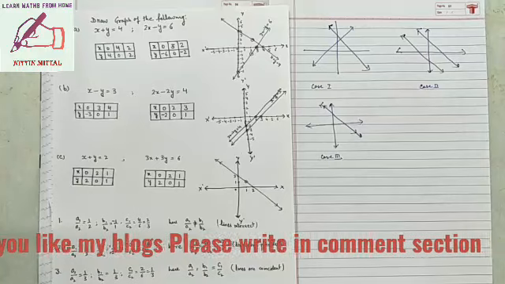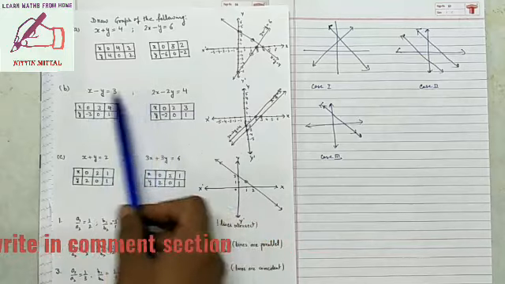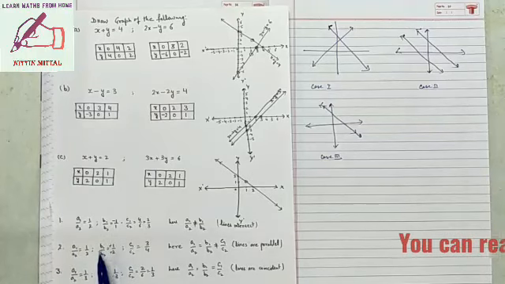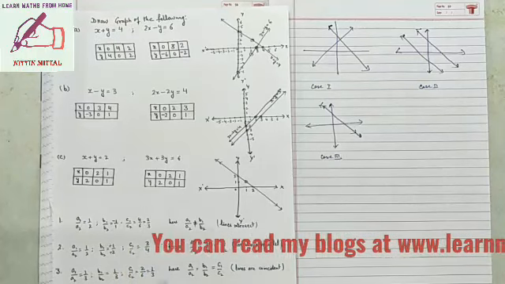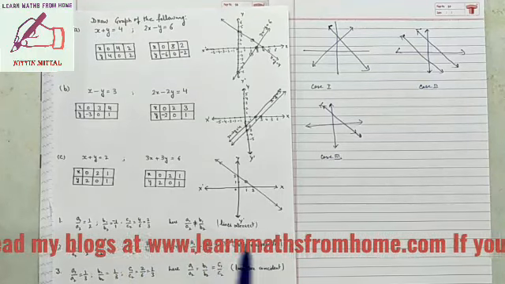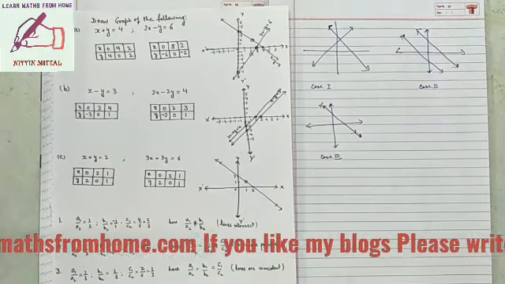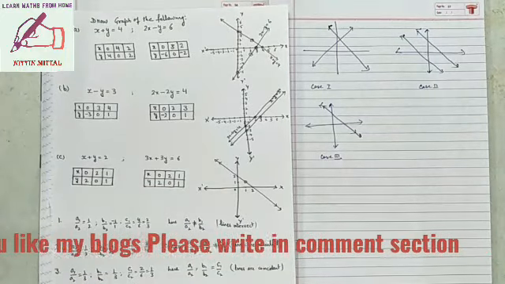And the same way, if you see the second case, if I compare the ratio of coefficients, what I find is a1 over a2 is 1 over 2, b1 over b2 is 1 over 2, c1 over c2 is 3 by 4. So a1 over a2 is equal to b1 over b2 but not equal to c1 over c2. And if we see the graph, in this case the graph is parallel lines, right?